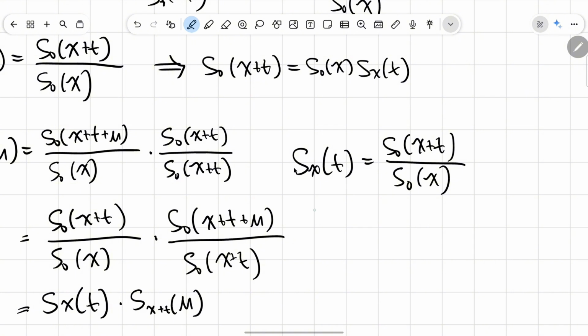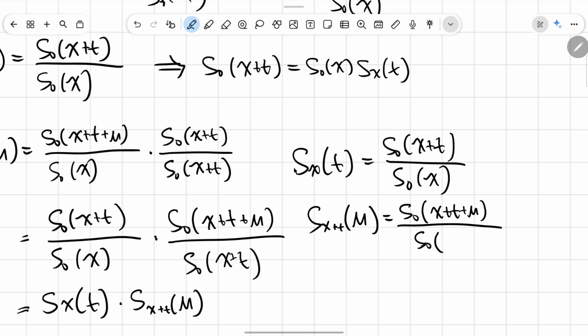So if we say the person is already at age x plus t, and we want him to survive at least u years, it will just be S0 of the combined age, x plus t plus u, over S0 of his current age, x plus t, which is just the same as here.